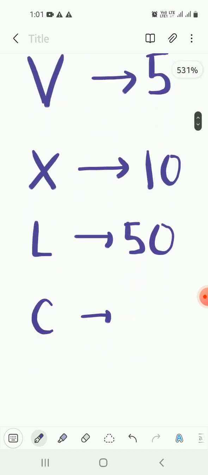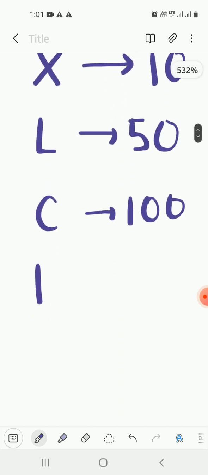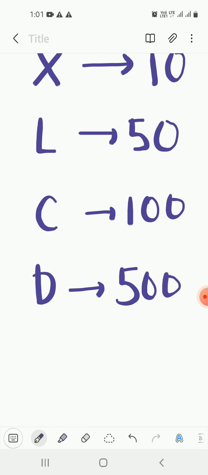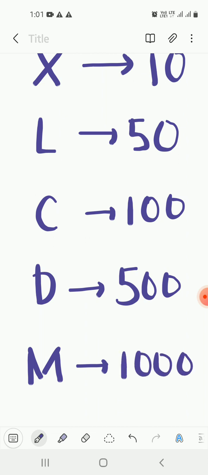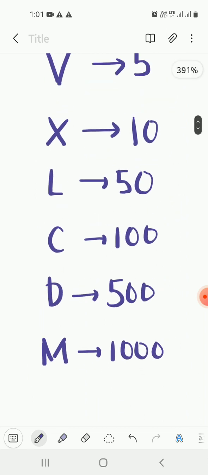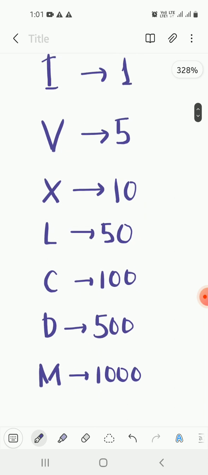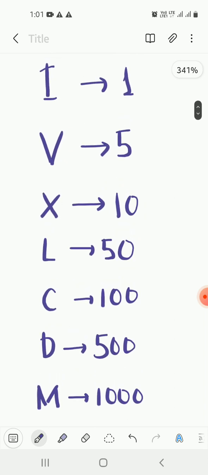C means 100. D means 500. And finally, M means 1000. Knowing these symbols properly, we can write any Roman numbers. I'll show you how.